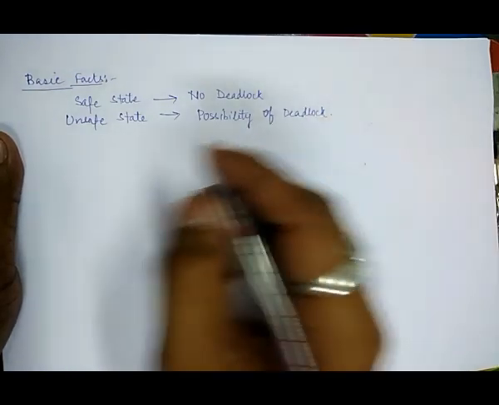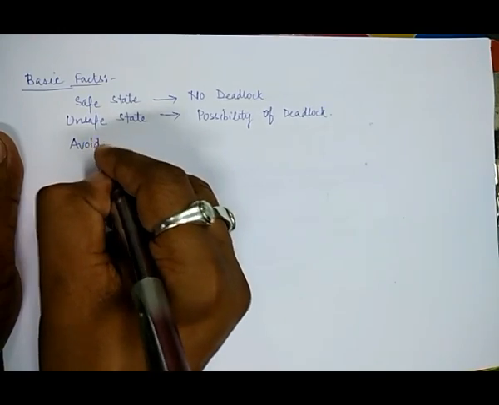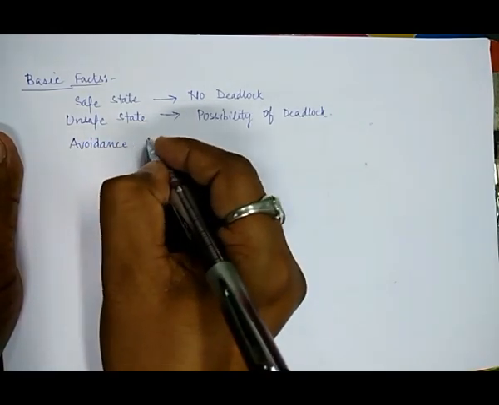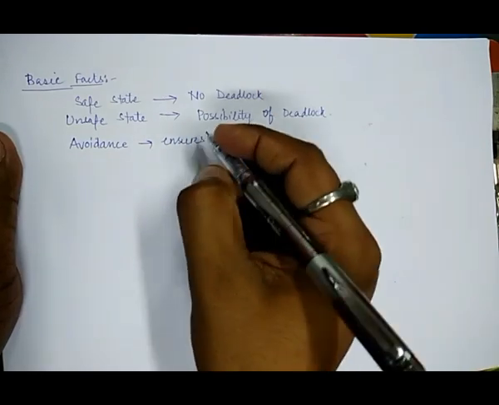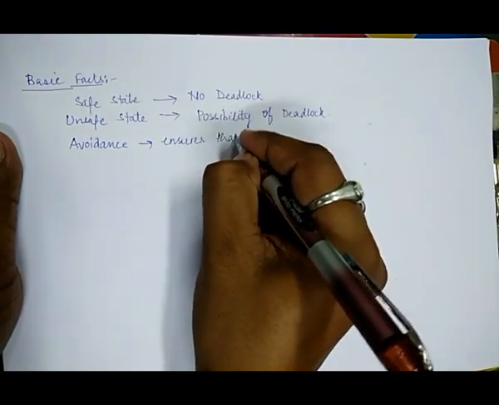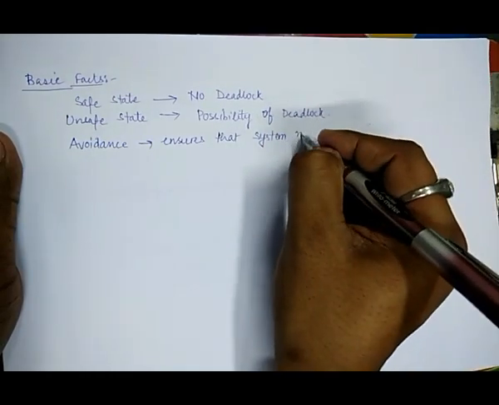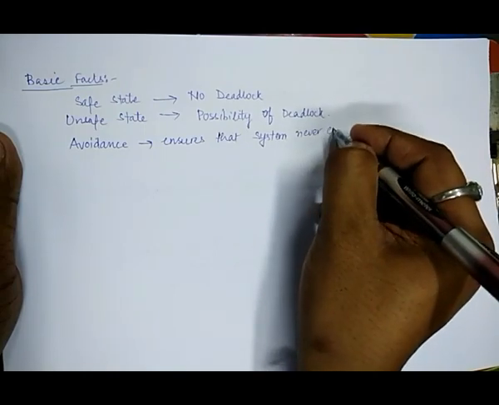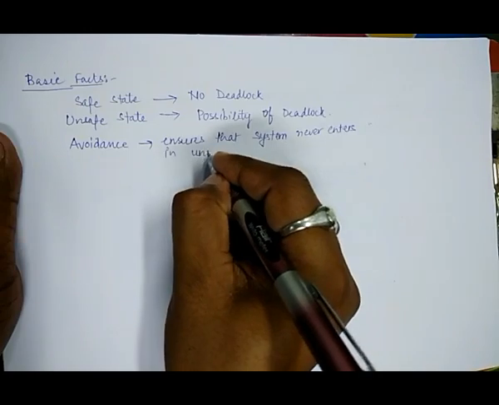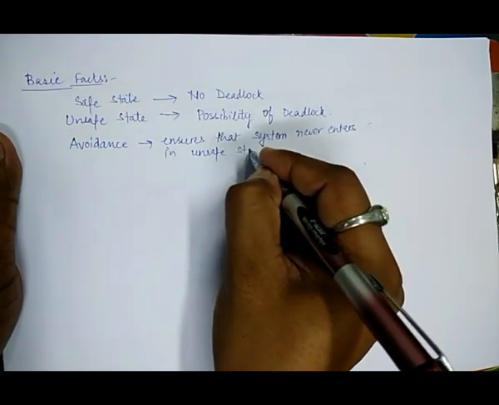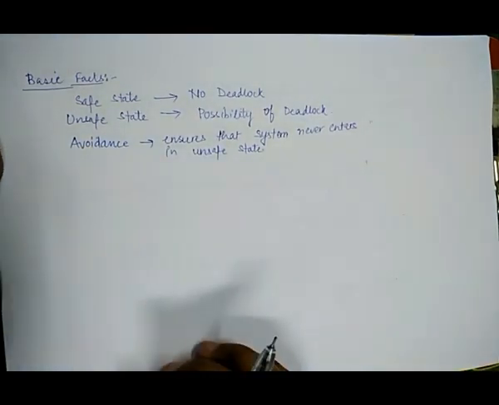So the funda of avoidance is that it ensures that the system never enters an unsafe state. Okay, so these are some basic facts about deadlock avoidance.